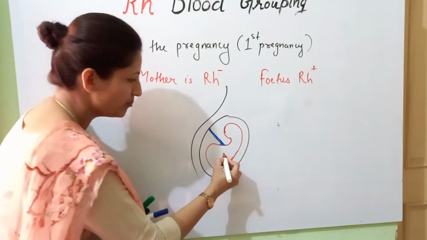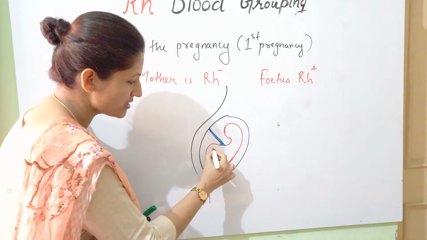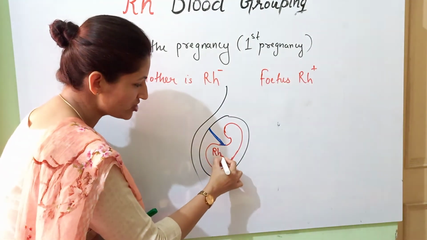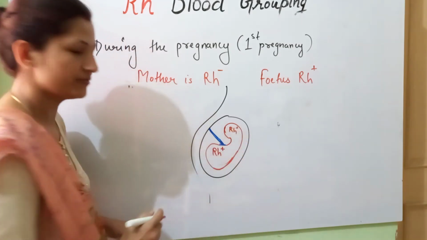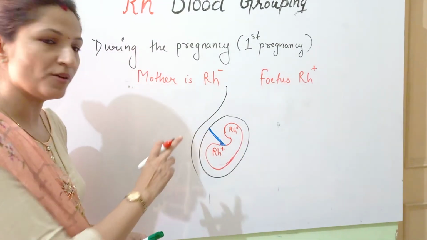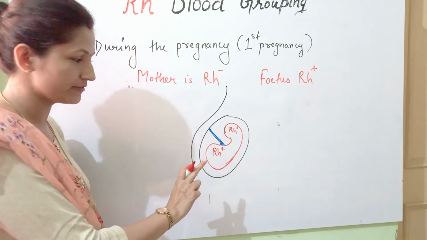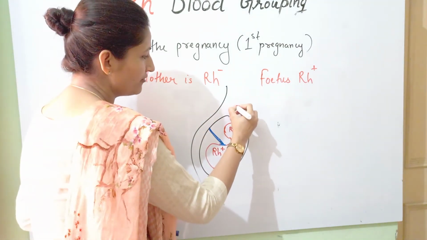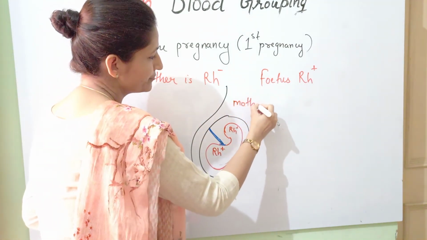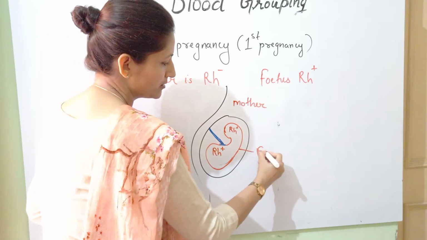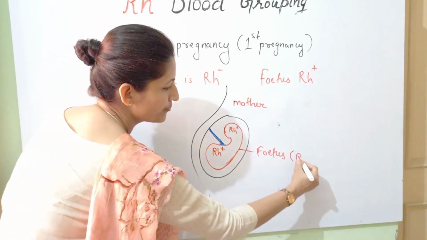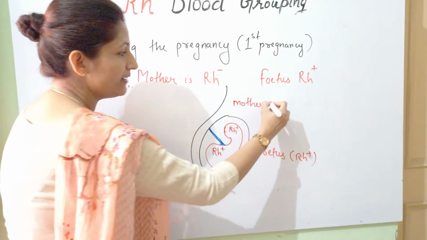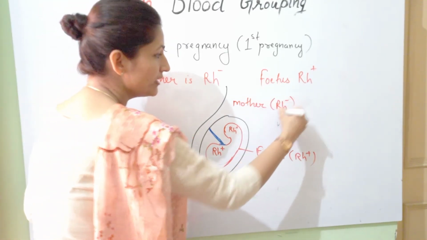That the blood of this fetus is containing RH antigen. It is RH positive. Okay? The blood group of this particular fetus is positive, and the mother is RH negative.